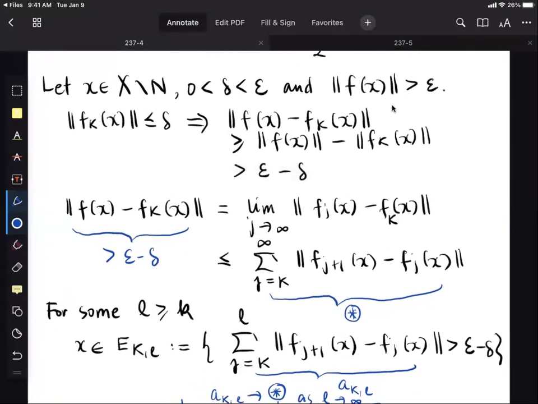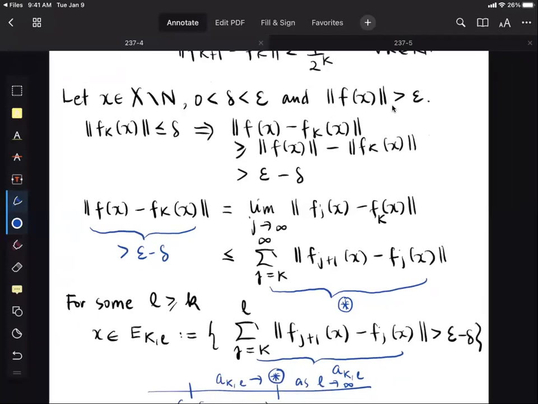So we started with this assumption. We have shown that it is in A sub kL, of course, if x is not in N, and with also this assumption.